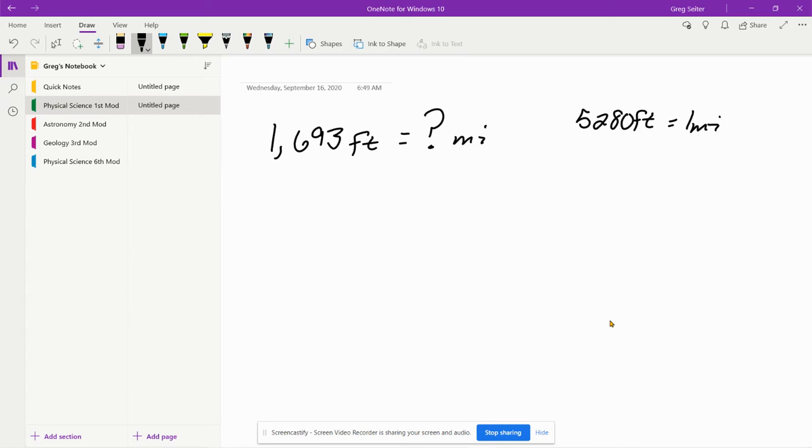Now we'll come over here. We've read the problem. We wrote the problem down. Number 3, the conversion factor. Number 4, make a fraction. 1,693 feet over 1. Now, we want to get rid of feet and go to miles. So, I don't know why I put that equal sign there.